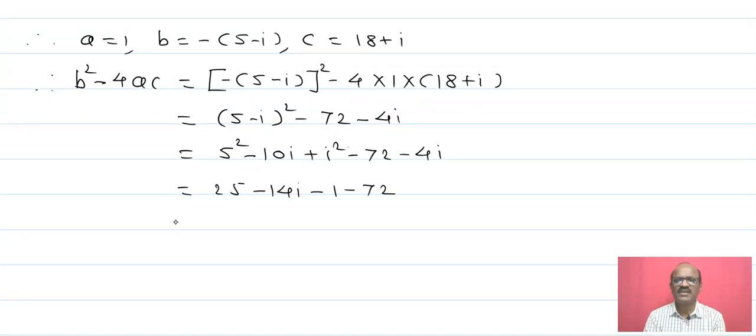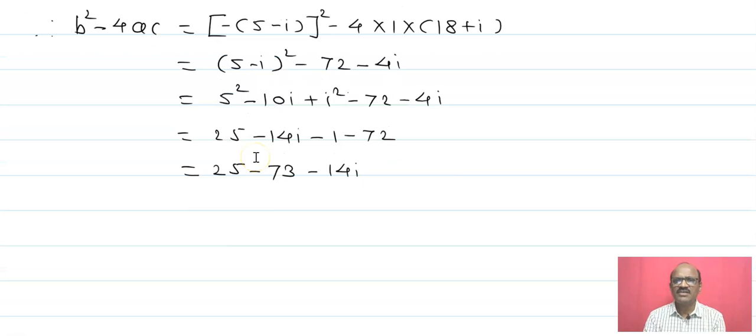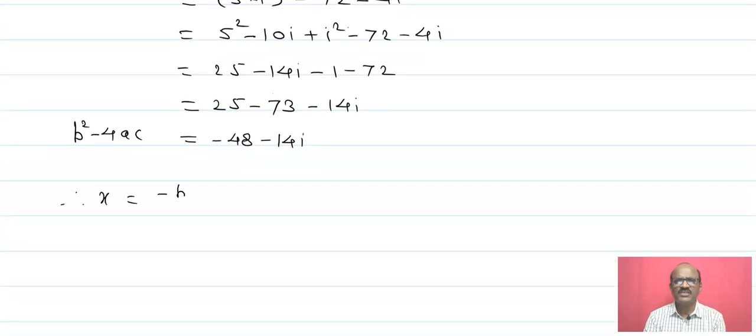Simplifying, i square is minus 1, and minus 10i minus 4i becomes minus 14i, so you get 25 minus 73 minus 49, that is minus 48 minus 14i. This is the value of b square minus 4ac.